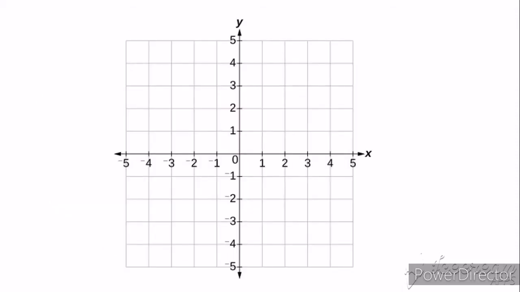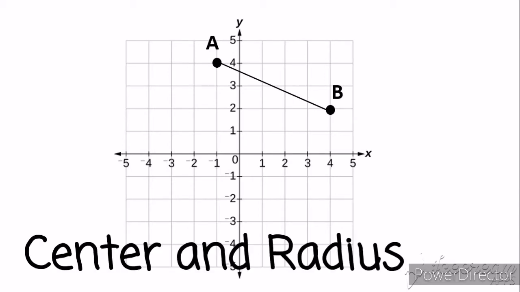So going back to our line AB, line AB is the diameter of our circle. When we are trying to form a standard equation of the circle, we have to determine its center and its radius.